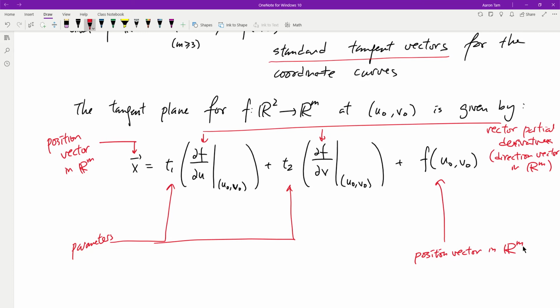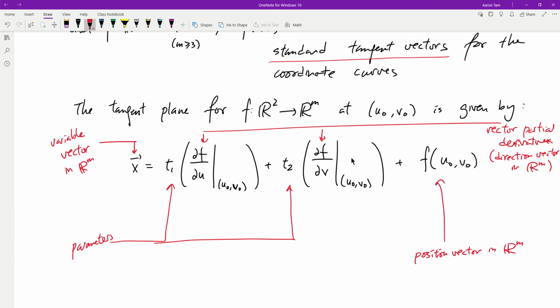So we know that this tangent plane formula is for Rm because of all the vectors involved, and there should be three: the two direction vectors and a position vector, and of course then we have our variable vector, which is on this side. Okay, or maybe I should actually write variable vector instead of position vector. There you go, much better.